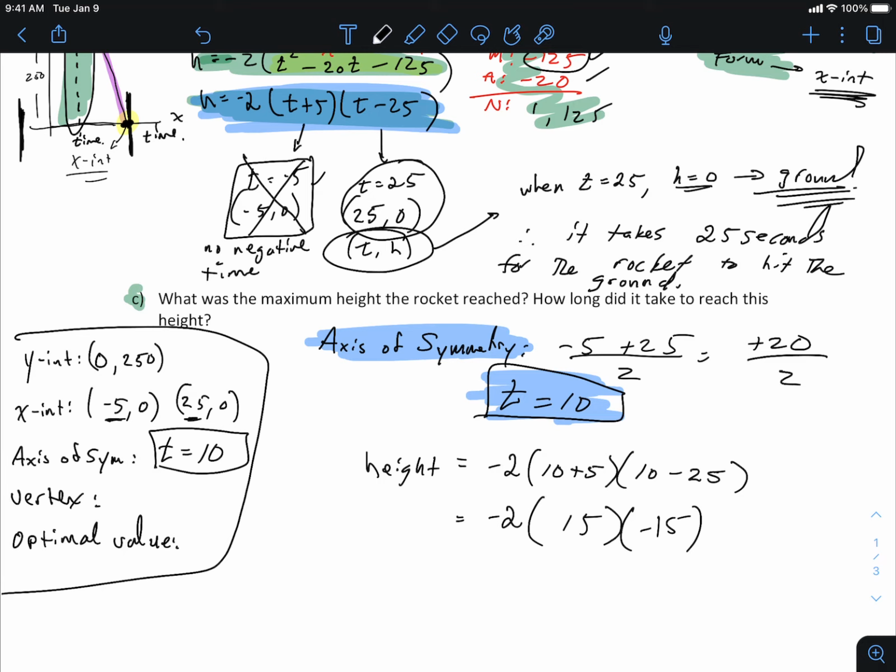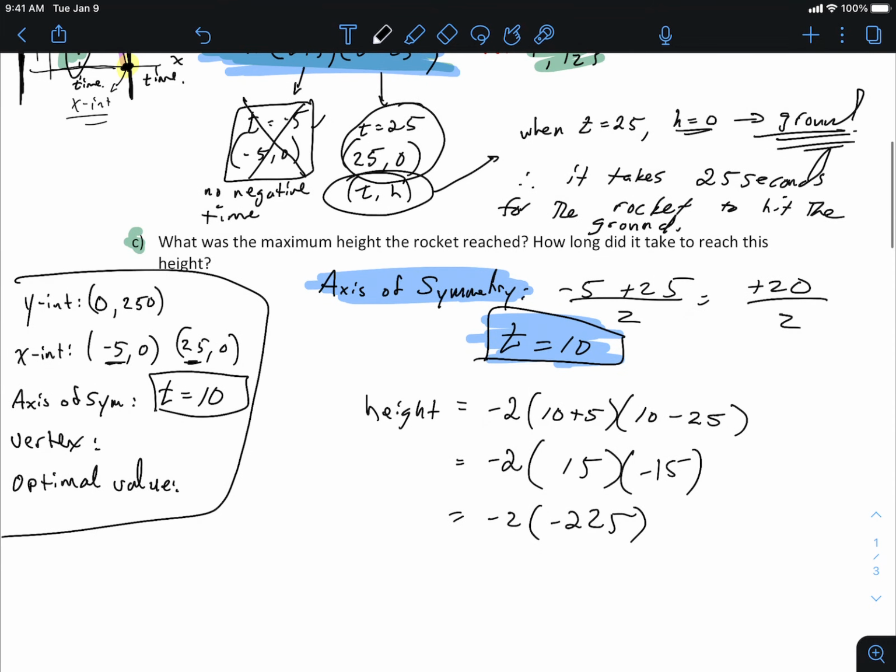So we get -2 times, I don't know what 15 times 15 is, what's it? 225. I think it's 225. Let's check. Yes, 225. What's -2 times -225?